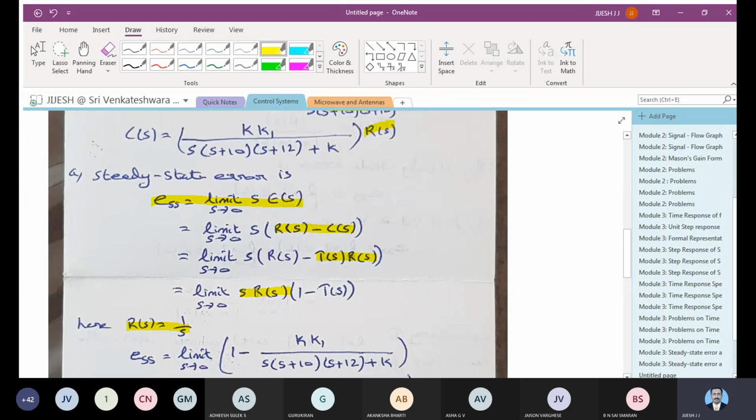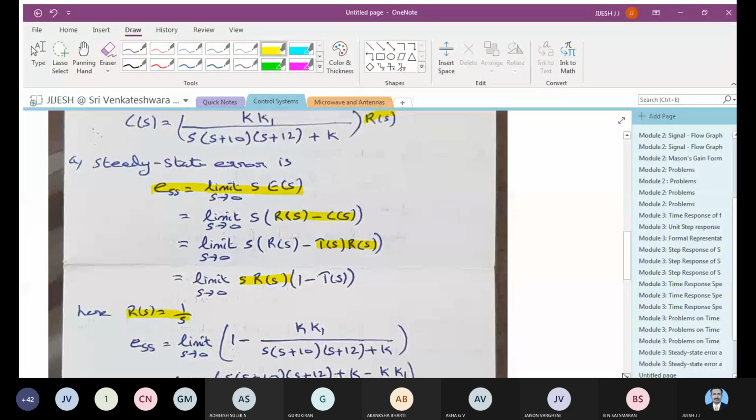K1, K1 S into S plus 10 into S plus 12 plus K. Further, we will simplify it and see that the error you are getting in terms of K1.